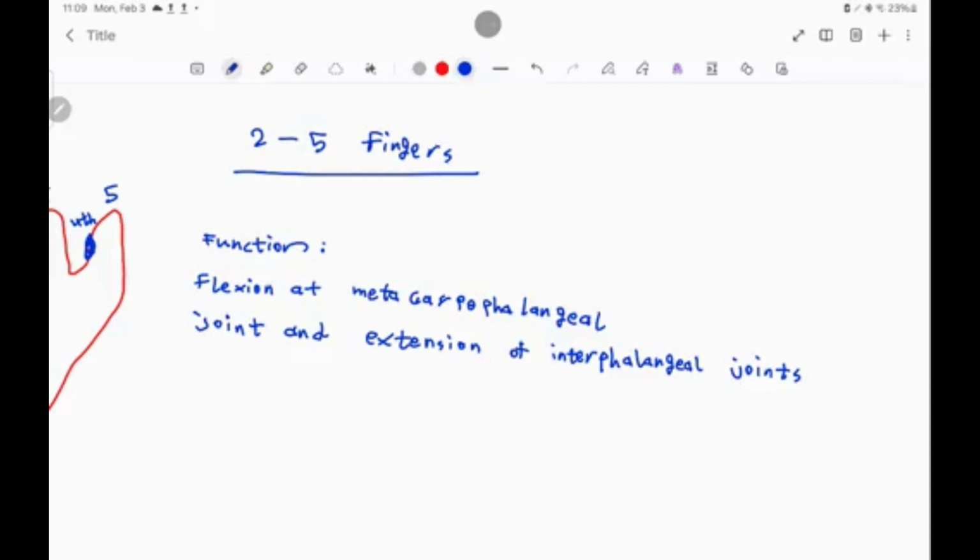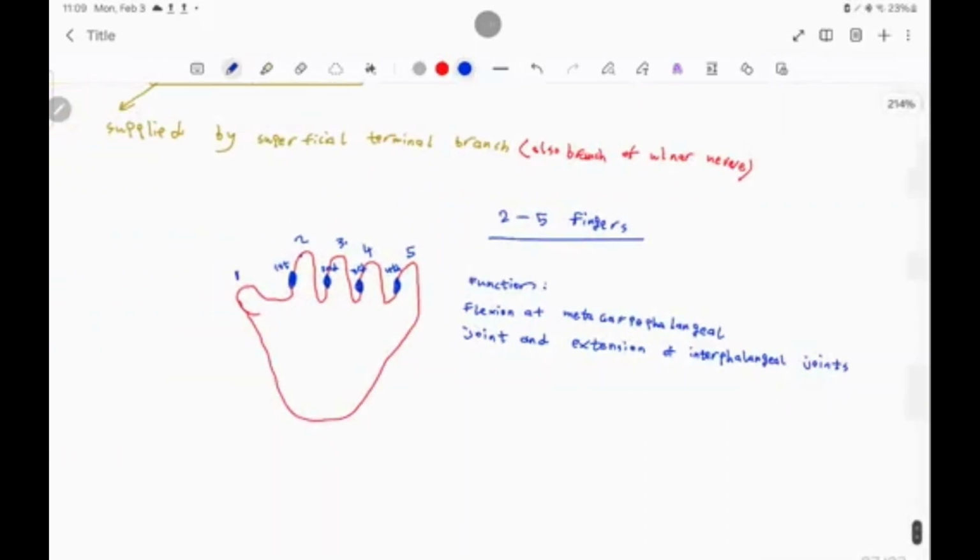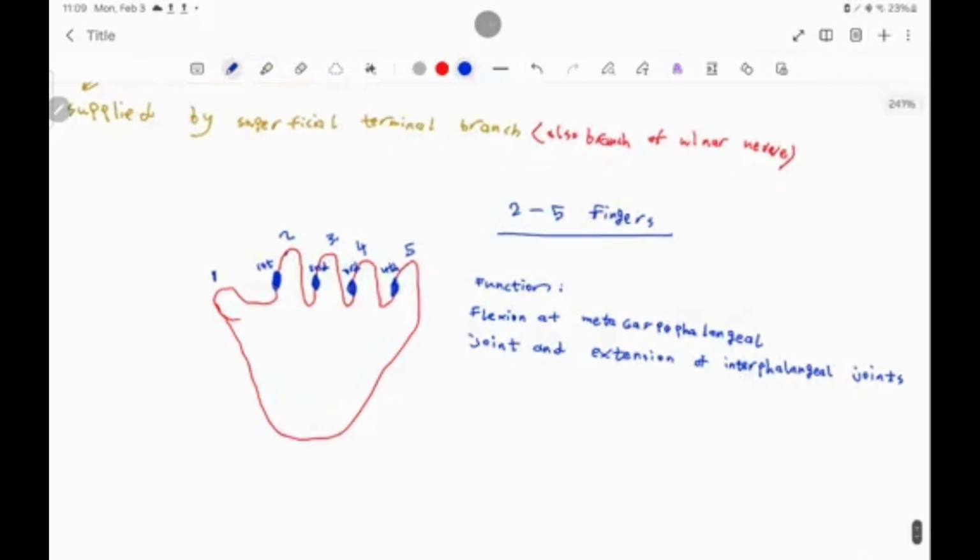When the lumbricals get injured or don't get enough nerve supply, so we cannot flex, the opposite will happen. The metacarpophalangeal joints will be extended and the interphalangeal joints will be flexed. We don't want this. We cannot use a pen or a pencil if that happens.